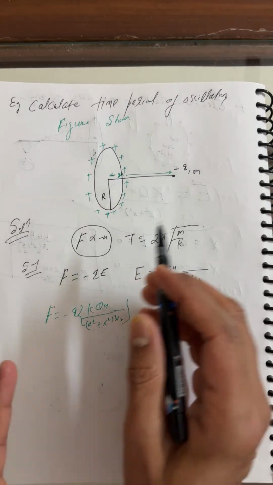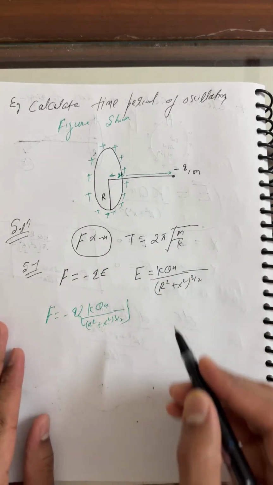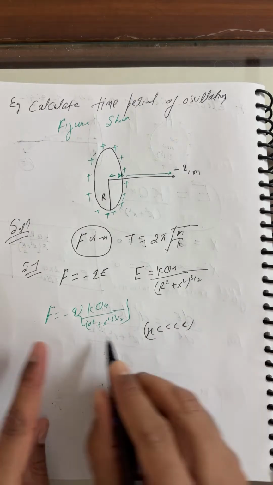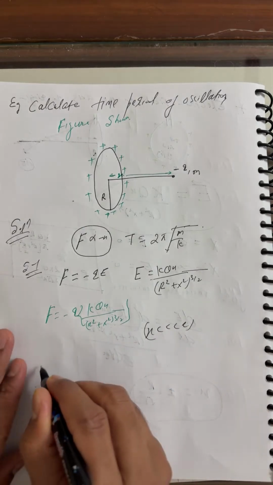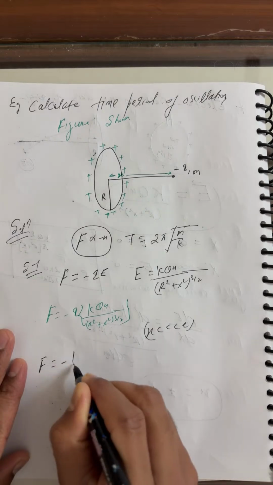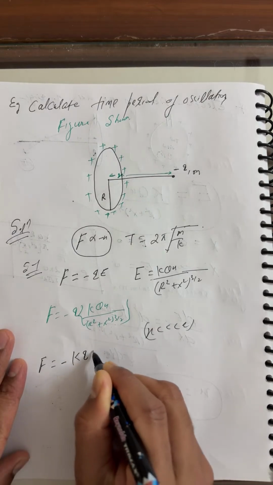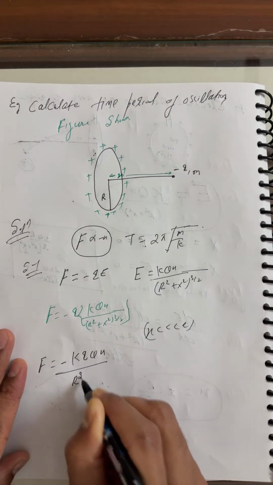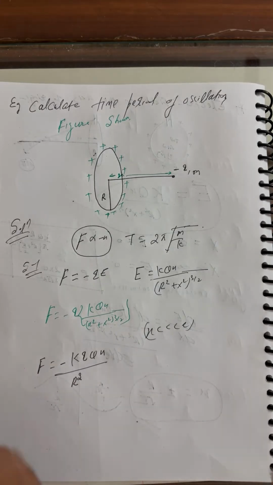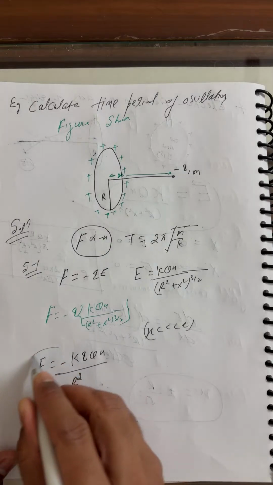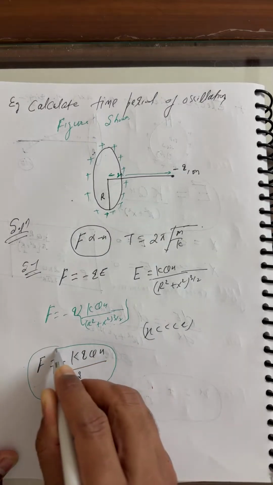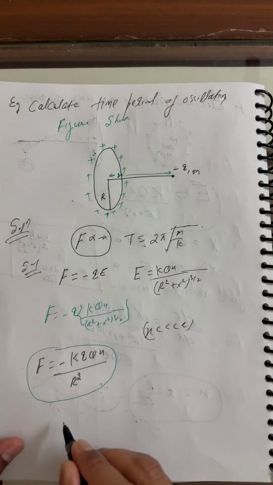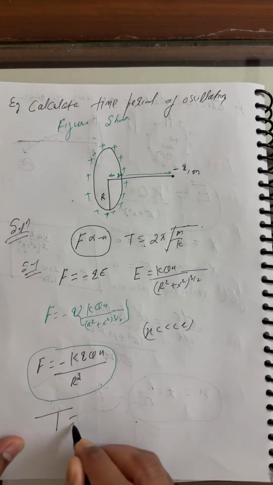But there is little displacement here, so we can say x is much less than r, so I can ignore this point. So F is minus k Q q into x upon r cube. Simple. Now the result is already proved. This is the minimum requirement for SHM, which I already proved. So what's the time period here?